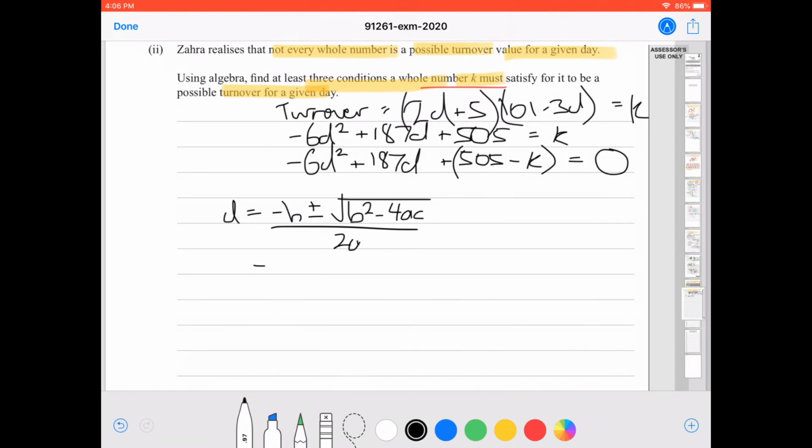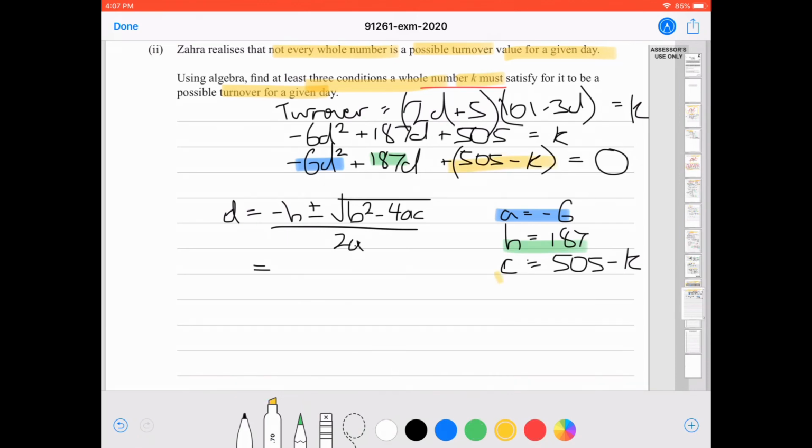So substituting in our numbers, and we could even list what a, b, and c is. So a is minus 6, b is 187, and c is, as mentioned, 505 minus k. We could even color code, so 6d squared, okay, 187, and the 505 minus k.